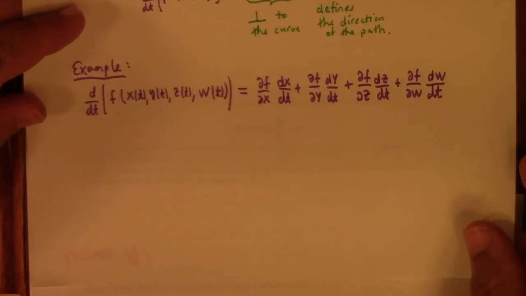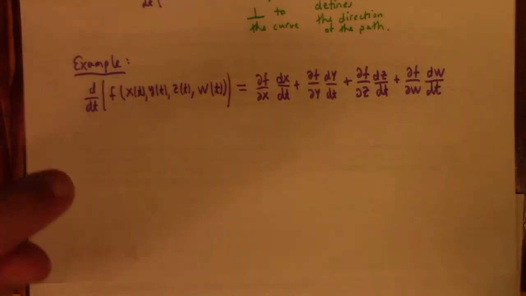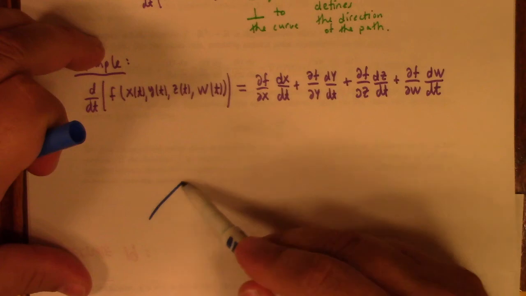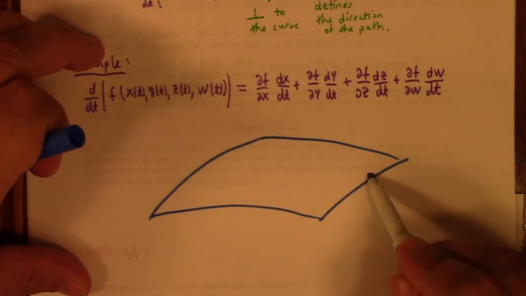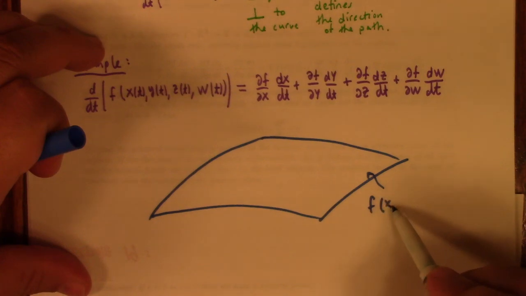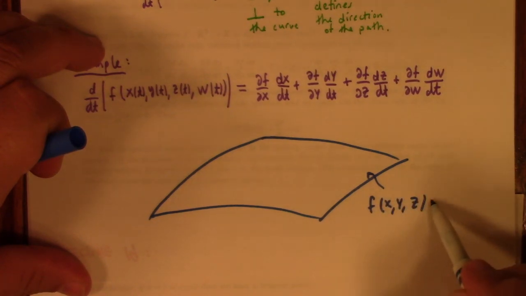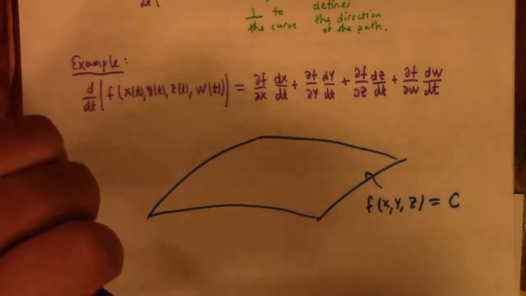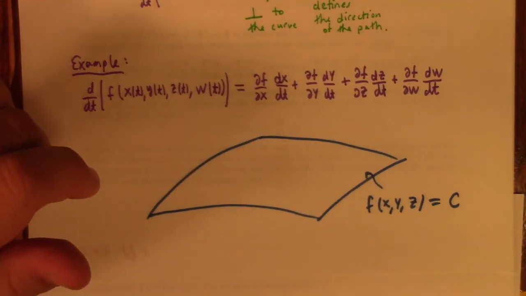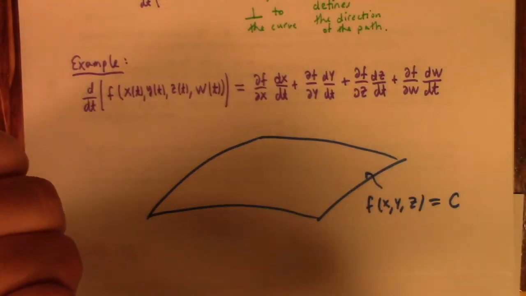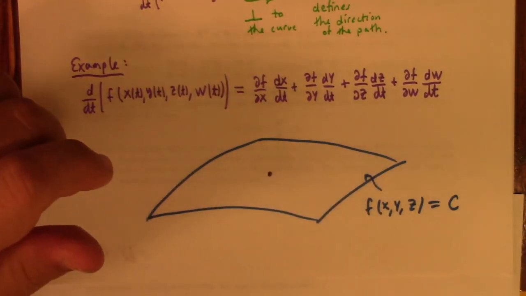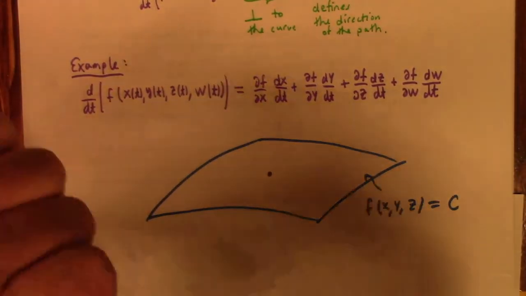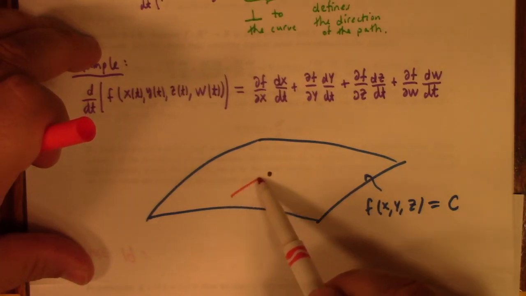All right, so what I'm saying here is, you've got some kind of surface, right? And this surface maybe is defined by f of x, y, z equals some constant, right? And then if we fix our attention on a particular point, like let's say here, then we can look at different paths which go through that point, like this one, right?